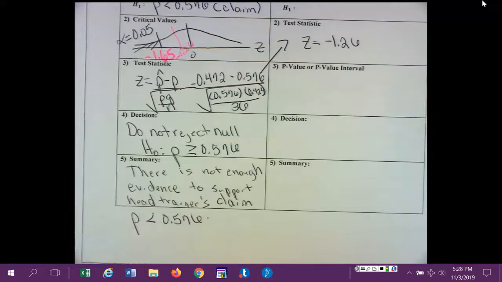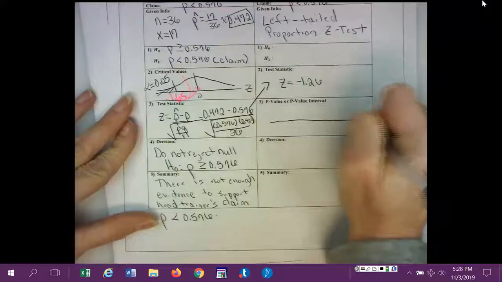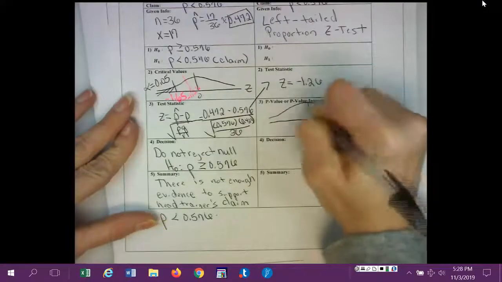There's not enough evidence to support the head trainer's claim that it's too high for his conference, or that it's less than 0.576.